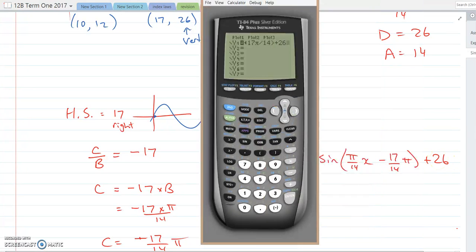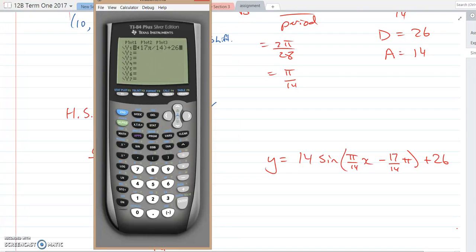So here I've put this equation into my calculator. I'm going to change my window so that I can see that. My x was 10 to 24, so let's just make it 0 to 30. And my y, 0 to 40, so that should show up.